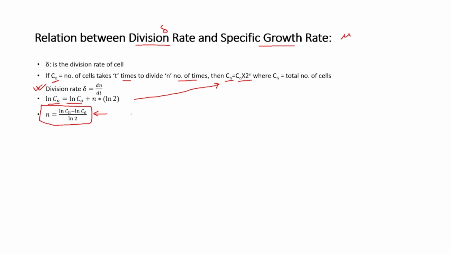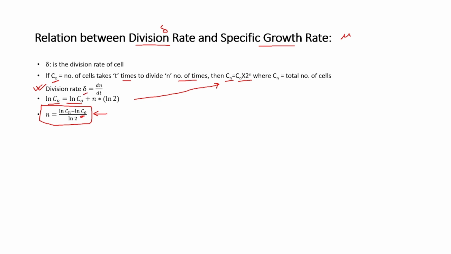This part, ln C0, will be constant, and for that we will get 0. So we will differentiate only the part ln Cn by ln 2, because ln C0 by ln 2 is constant. Okay, so if we differentiate this expression, we will get the value of delta, because we are interested in finding the value of delta.